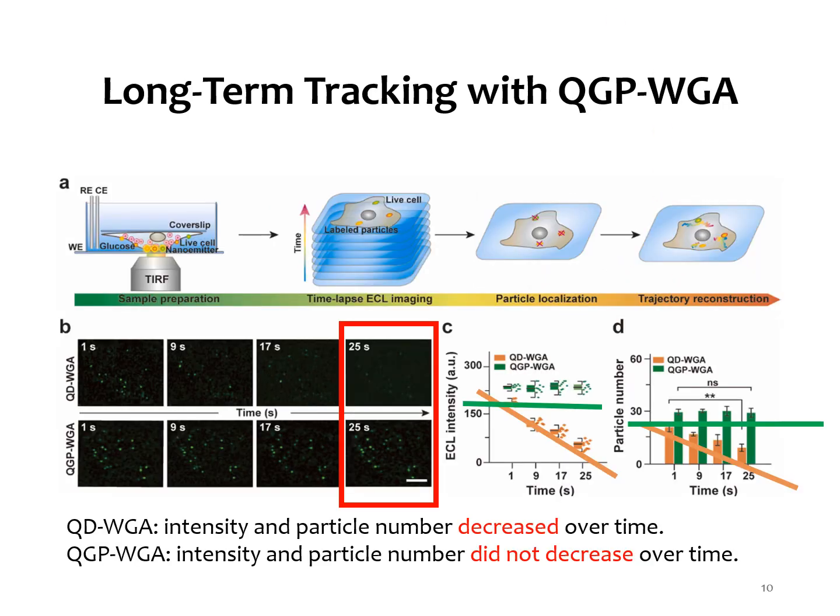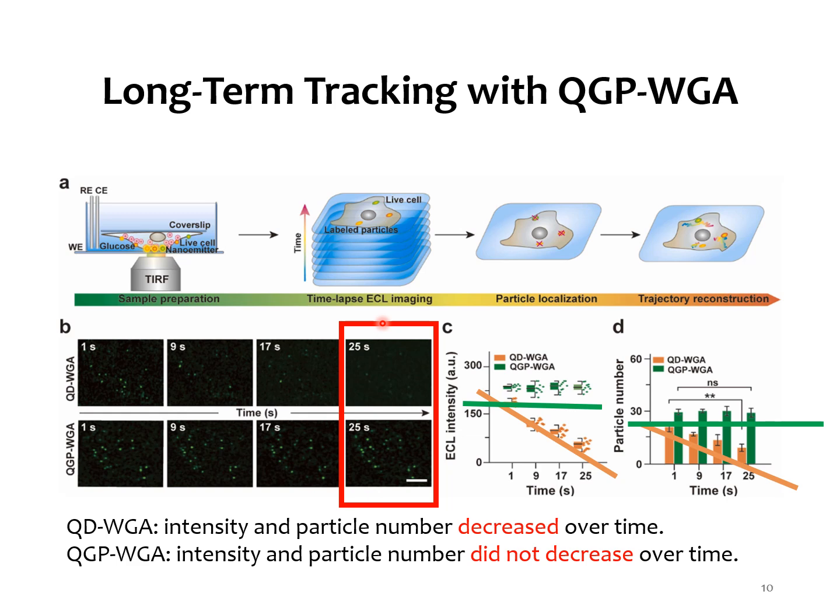Figure A shows the full workflow from image to data analysis. Figures B, C, D compare continuous images of QD-WGA and QGP-WGA in A549 cells. Due to the continuous consumption of hydrogen peroxide, the ECL signal of QD-WGA on the cell membrane decreases and eventually disappears over time.